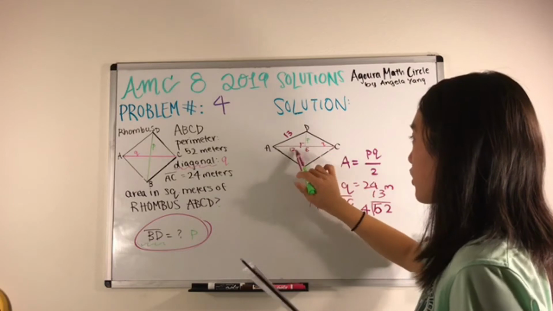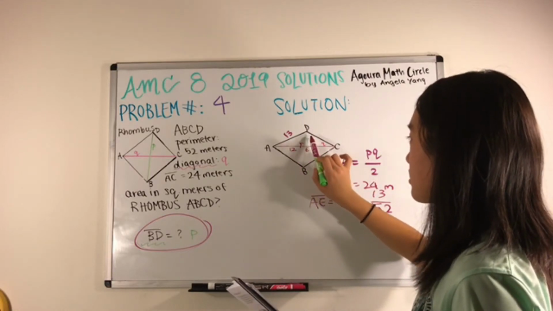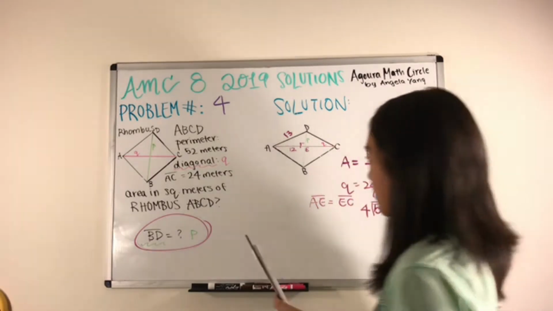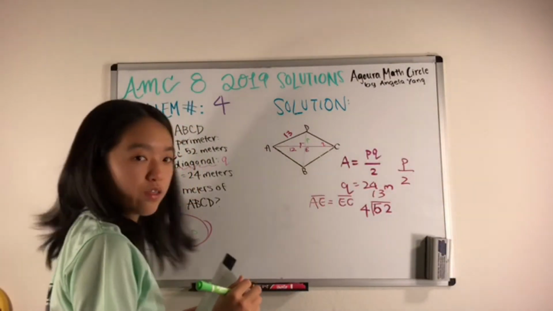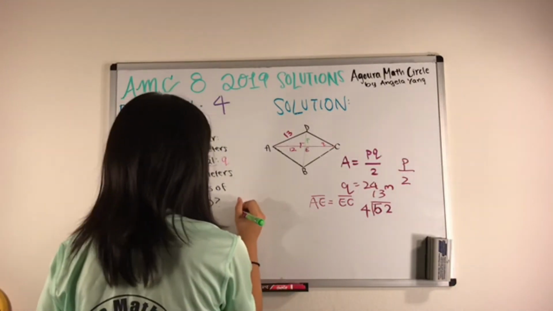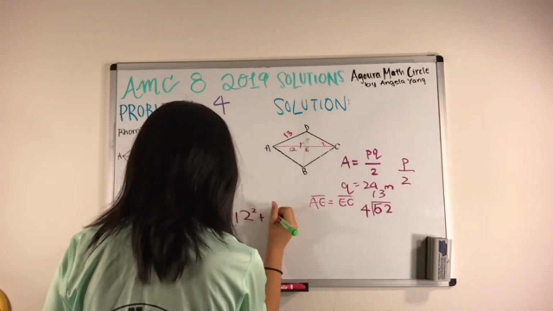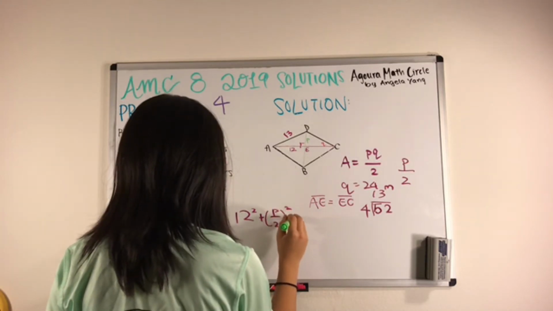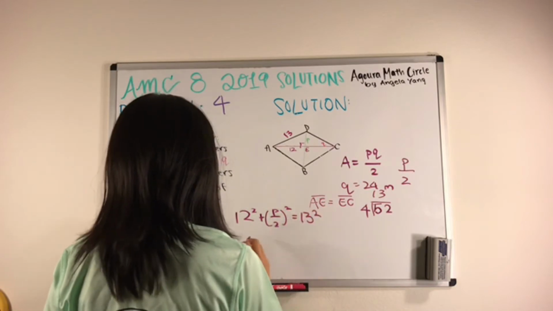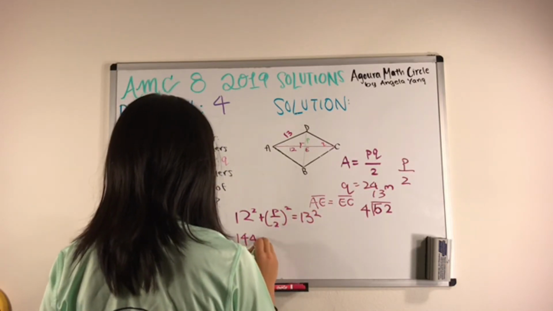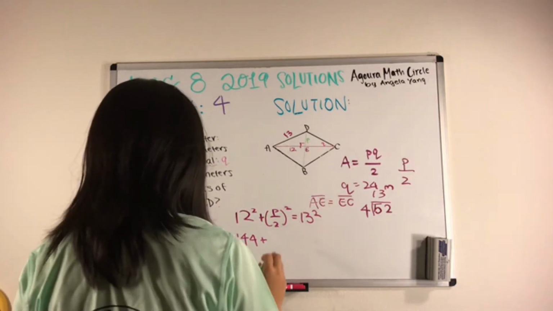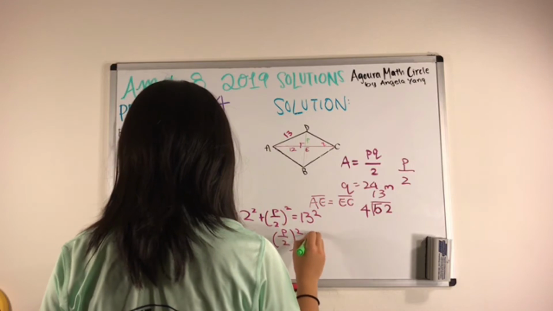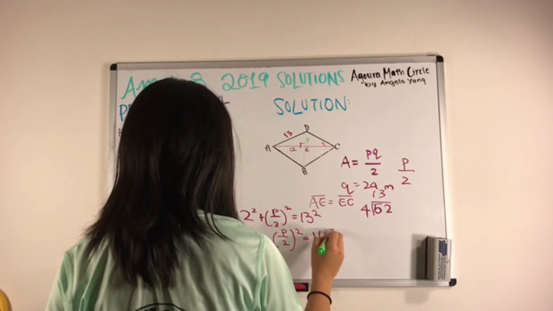Because of that, we have 12 squared plus half of P, which is P over 2 squared, equals 13 squared, which is the Pythagorean theorem, another useful equation to know. 12 squared is 144 plus P over 2 squared equals 13 squared, which is 169.